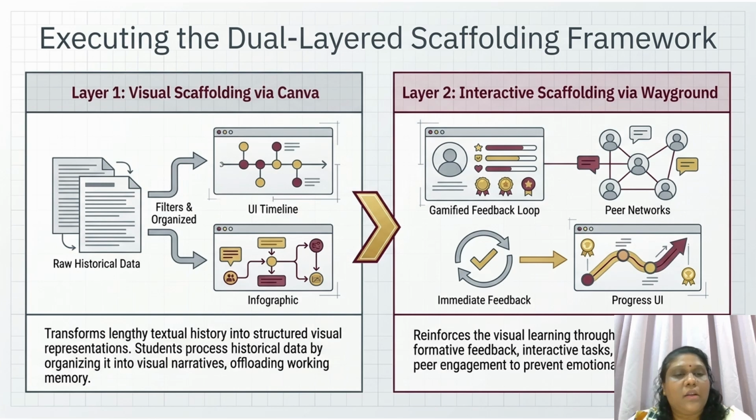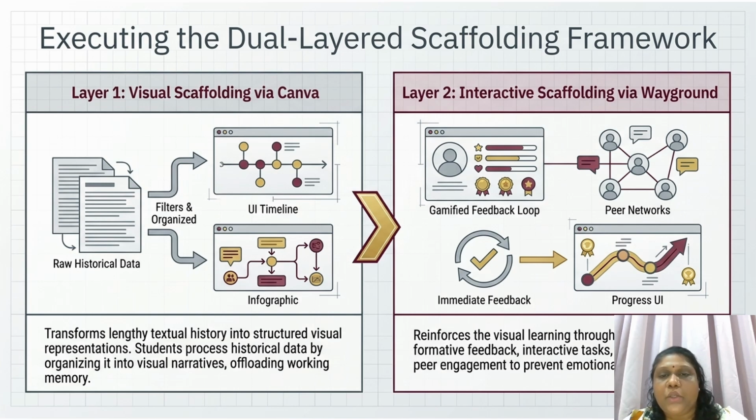Raw historical data is filtered and organized into infographics in Canva, transforming lengthy textual history into structured visual representation. Students process the historical data by organizing it into a visual narrative, lowering the load on working memory.